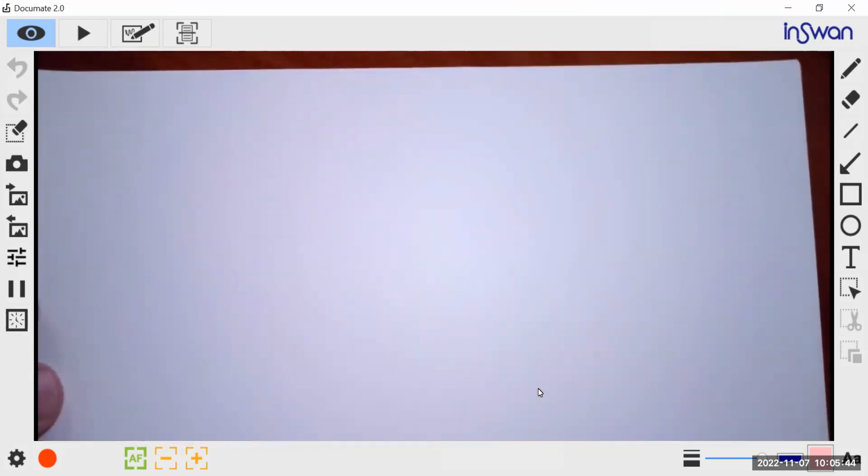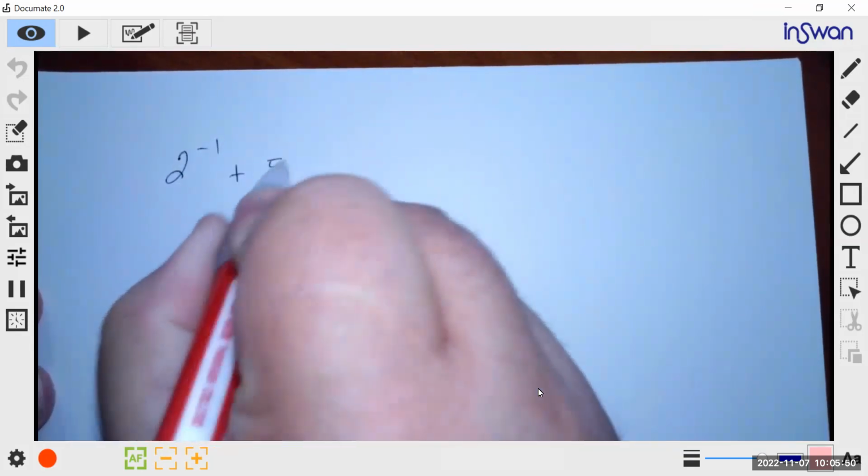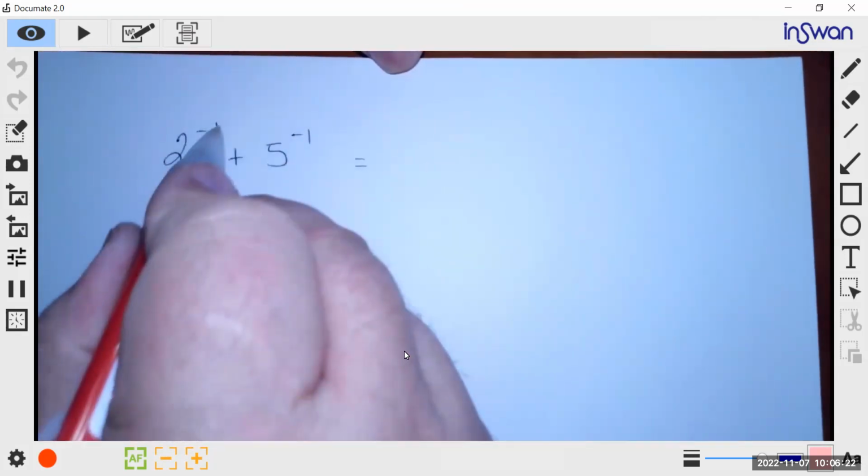Let's look at some more examples of negative exponents. There. This one becomes what?